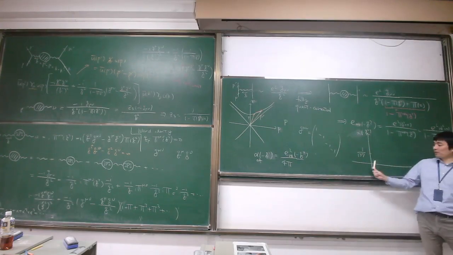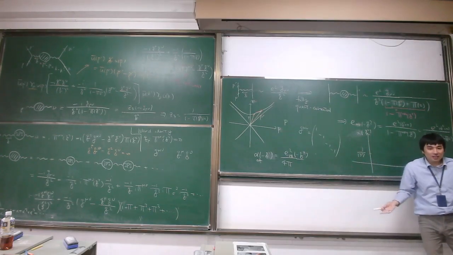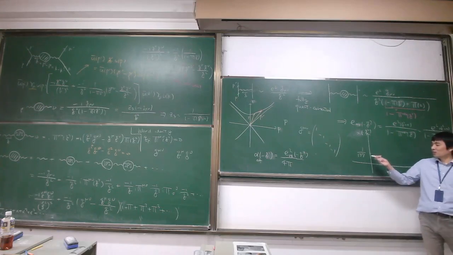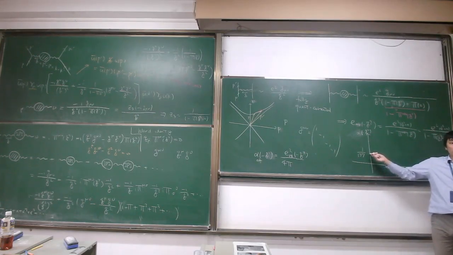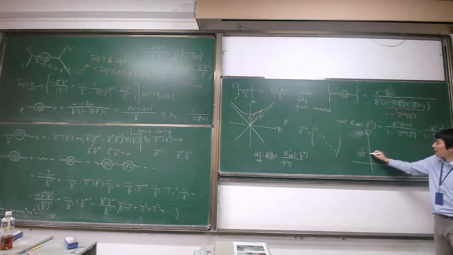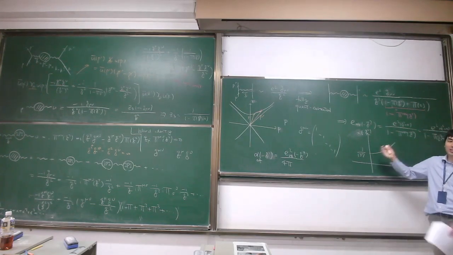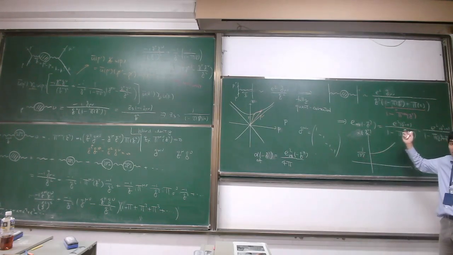Our energy scale is very low. You start with the 1/137 fine structure constant, and then it depends on the energy, either this way or this way. In fact, if you go to high energy, the electric coupling constant grows.